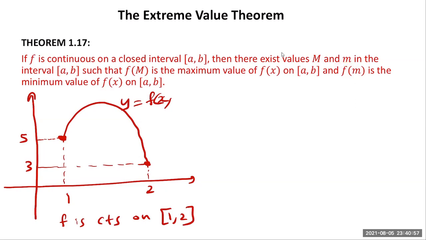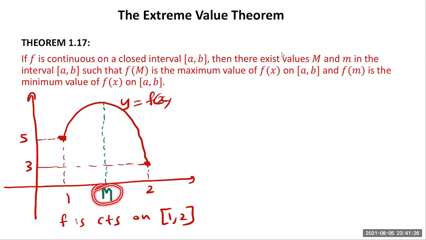Well, what is your uppercase M? The theorem statement tells you that there exist values uppercase M and lowercase m such that f of uppercase M is the maximum value of f of x on [a, b]. My uppercase M in this case clearly would be this point, right?